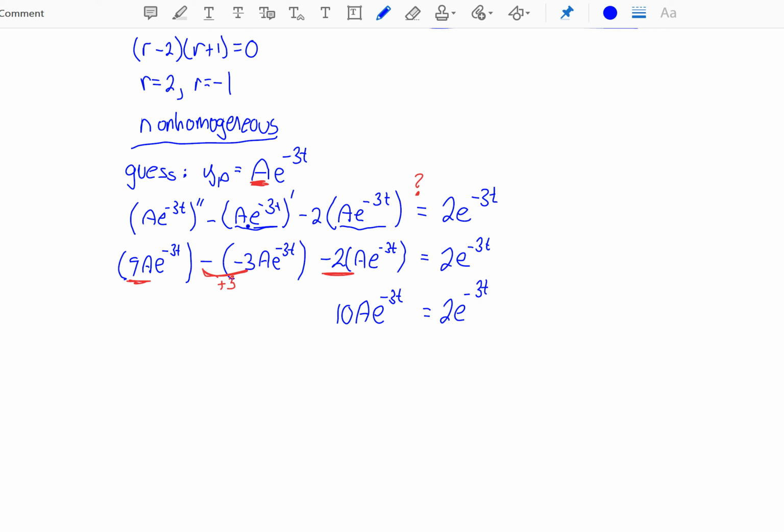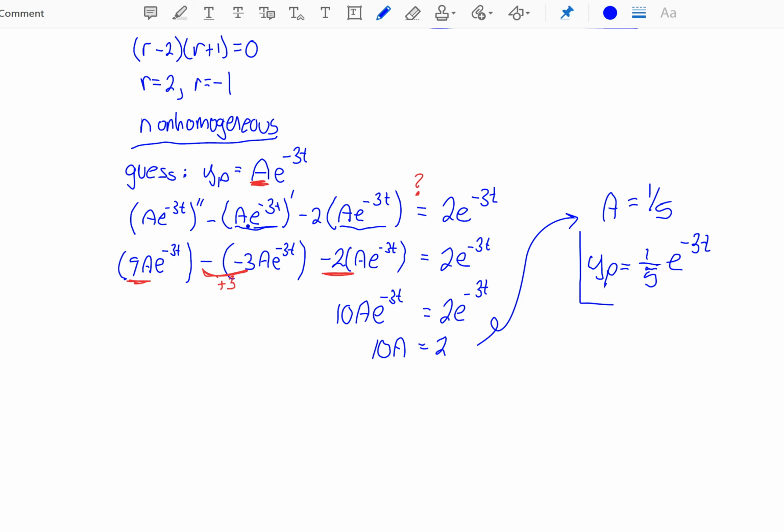Notice this leads to 10a has to equal 2, or a has to equal 1/5. This is our coefficient, our constant a in our guess for yp, which means yp has to be 1/5 e to the negative 3t. This is what yp has to look like with our specific coefficient that we found.